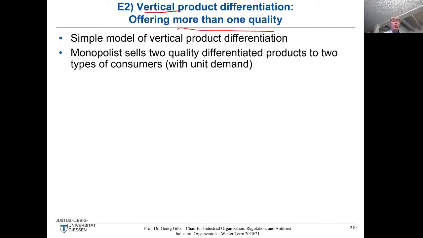Our first model is a rather simple one, very closely related to our discussion above in the price discrimination section. So what we assume is that we have two quality differentiated products, a high quality and a low quality, for instance, and we have only two types of consumers. Each consumer has a unit demand.